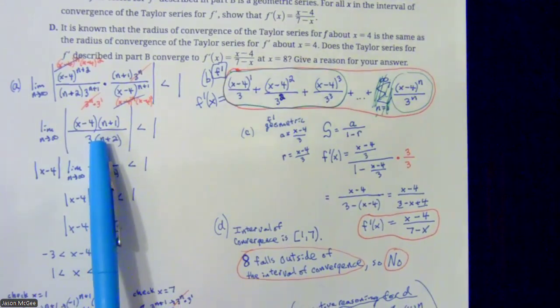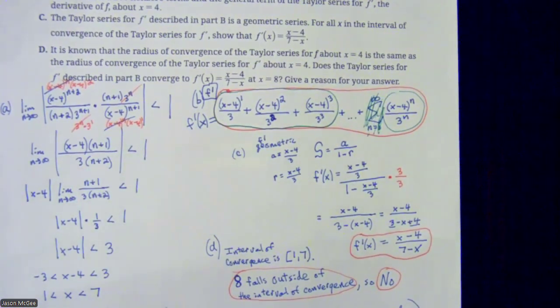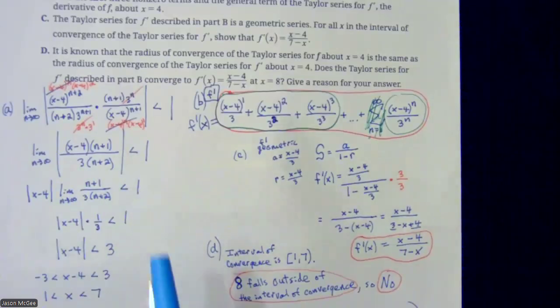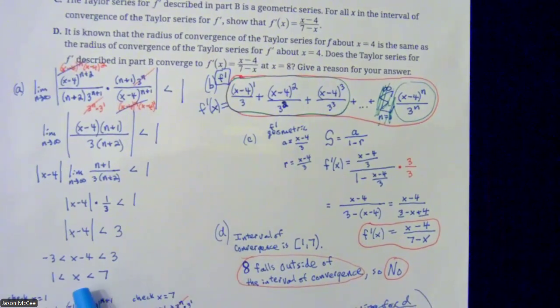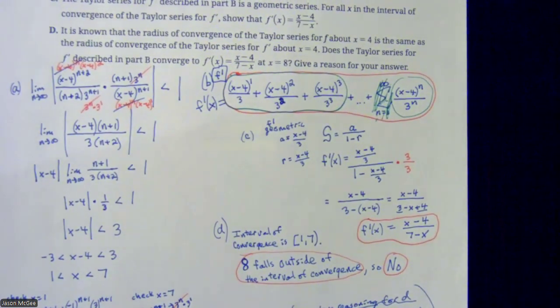Those are fun. I know you don't like checking the endpoints at the end there, but we're going to be okay with that. So you basically get, I think that was like 5 out of the 9 points for letter A. You get a couple points if you're doing your ratio test, if you're doing your limit stuff there, and you'll get 3 points if you can get to this point, finding that interval of convergence, okay?